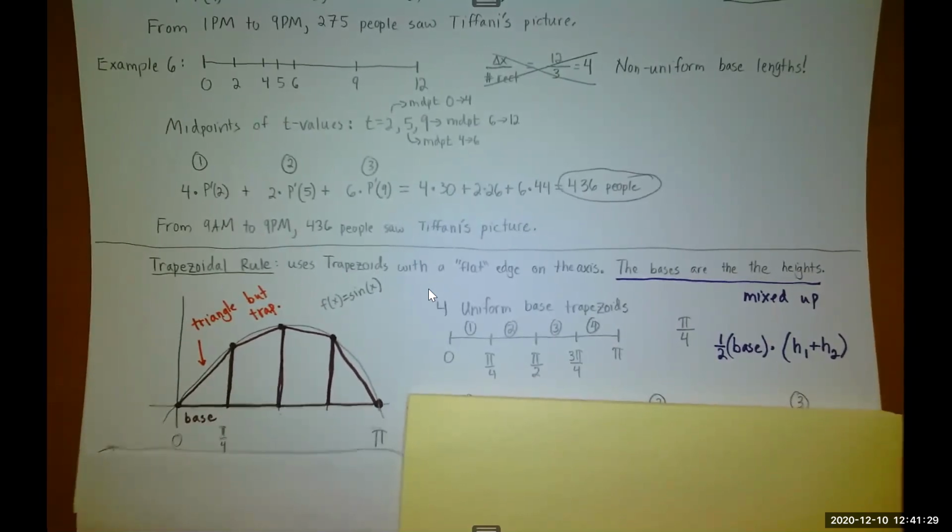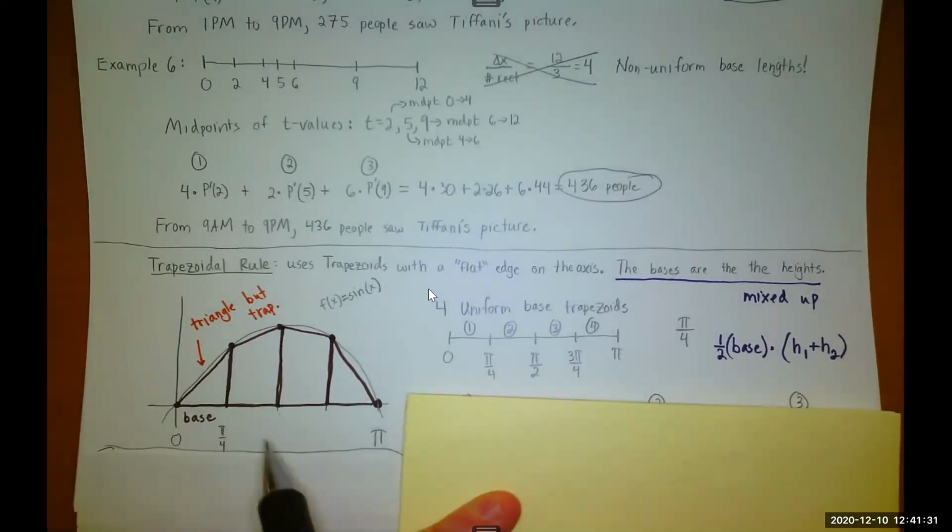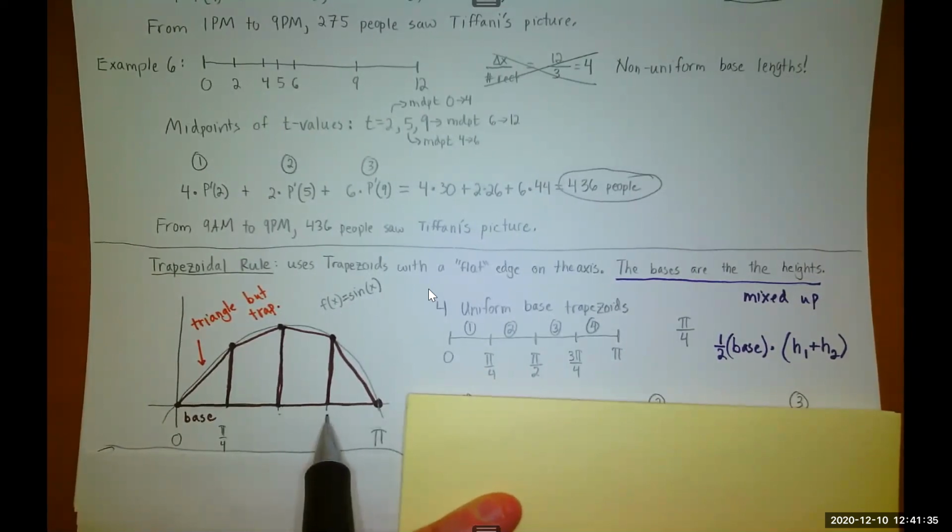Third trapezoid goes from, again, pi over 2, which is 2 pi over 4, to 3 pi over 4. That's the base right there. So get your base sketched in from pi over 2 to 3 pi over 4.